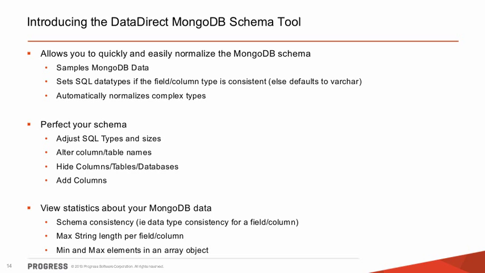And using the schema tool, so the other challenge here is that MongoDB does not provide any metadata about the documents in a collection. So in order to make those decisions about perfecting the mapping into this normalized view, the schema tool also does sampling.